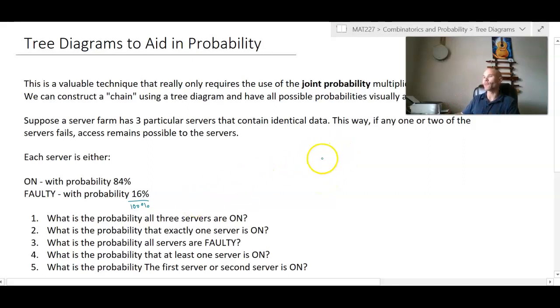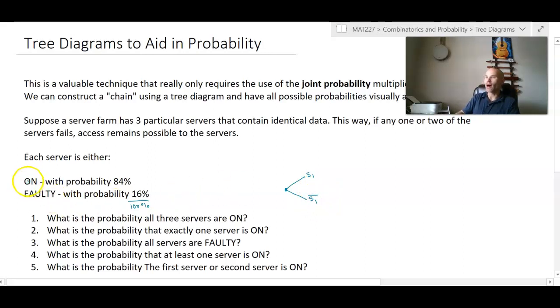So what I'm going to start off with is server 1. So we have 3 servers. I'll just label server 1. So I'm going to draw a tree diagram. There's my root of the tree. And for the branches, I'm going to label these S1, S sub 1, and S1 bar.